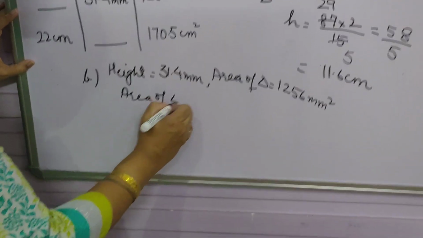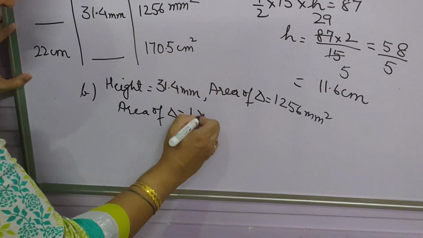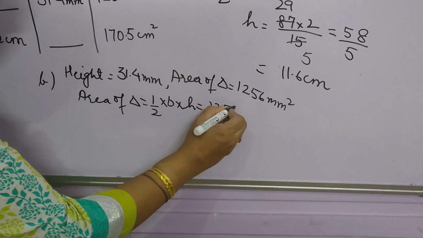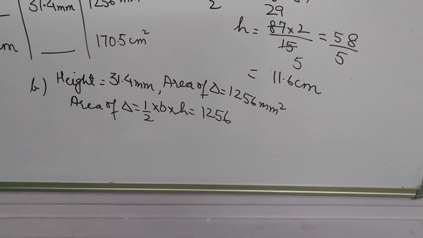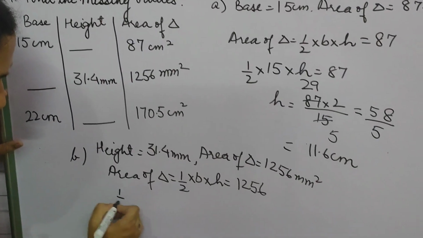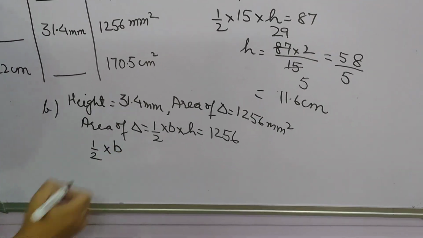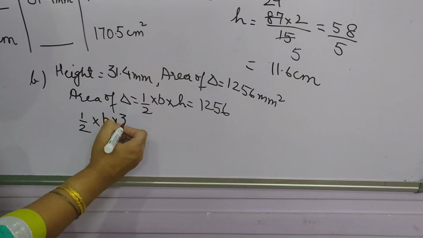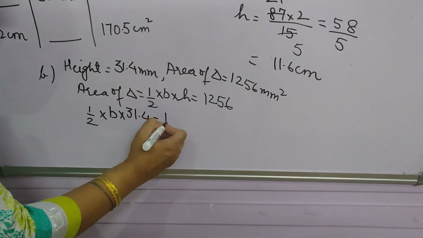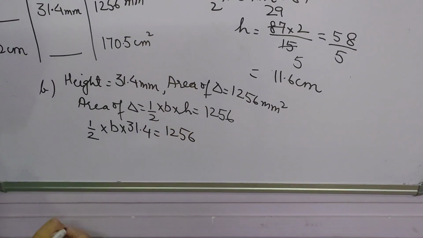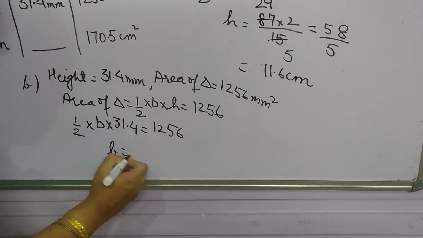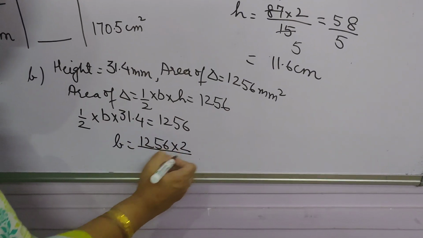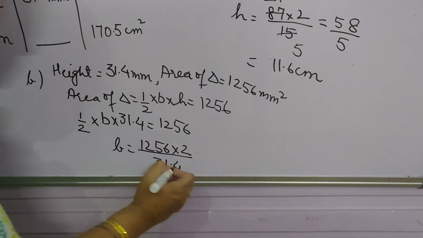So area of triangle is equal to half into base into height is equal to 1256. That will be half into, in place of base B will be there, in place of height 31.4, is equal to 1256. So base is equal to 1256 multiply 2 upon 31.4.